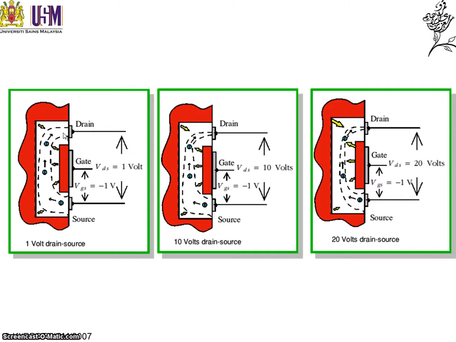But when you reach a certain pinch off, this is where you start to see the current flowing to the drain start to reduce until it becomes a saturated value. In other words, the current is no longer increasing with increasing drain voltage. It stays the same. So this is a point called pinch off.